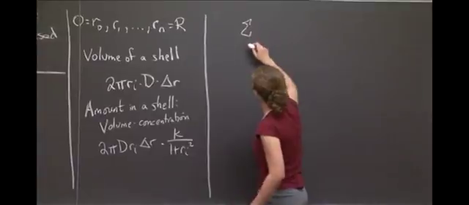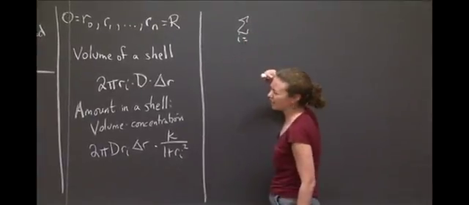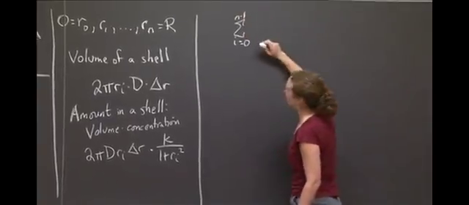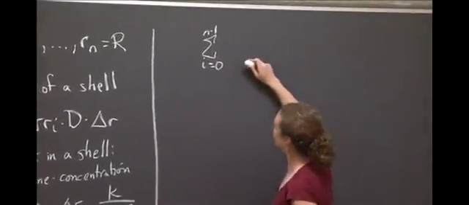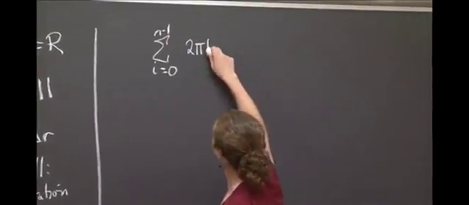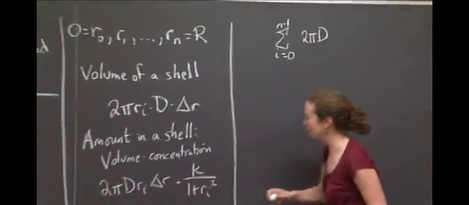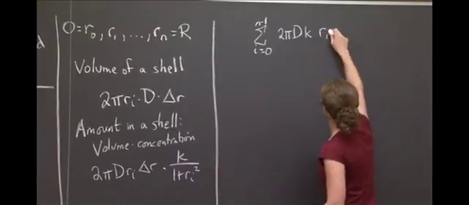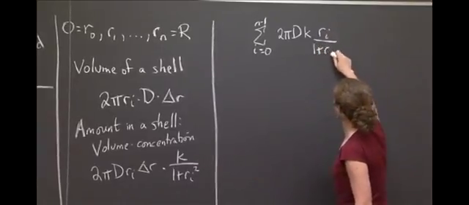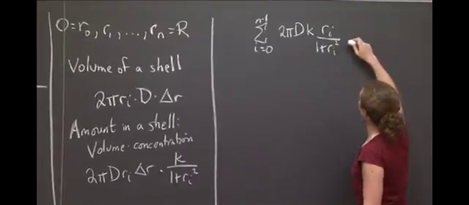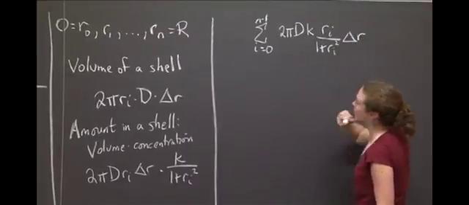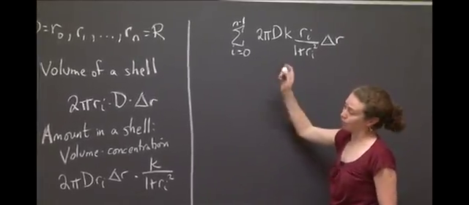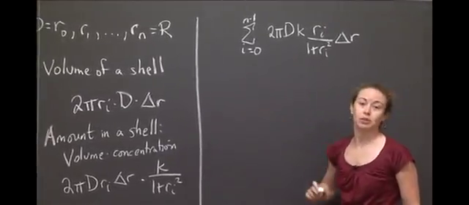I'm going to be summing from I equals 0, since I was taking the interior radius, to n minus 1 of this quantity, 2 pi d, let me put the K in there as well, K, and then R sub I over 1 plus R sub I squared delta R. So this is our approximation of the amount of chemical in the pool.